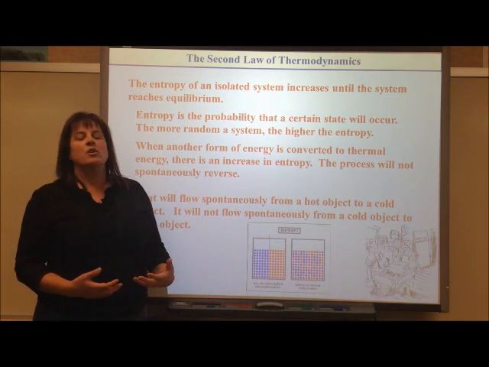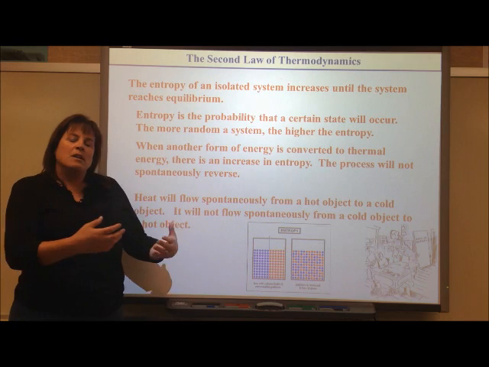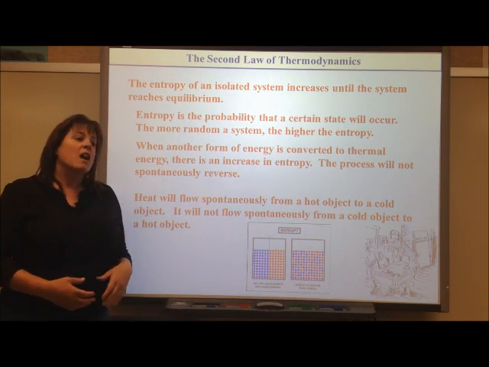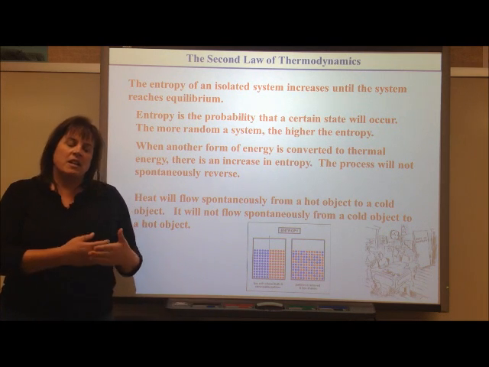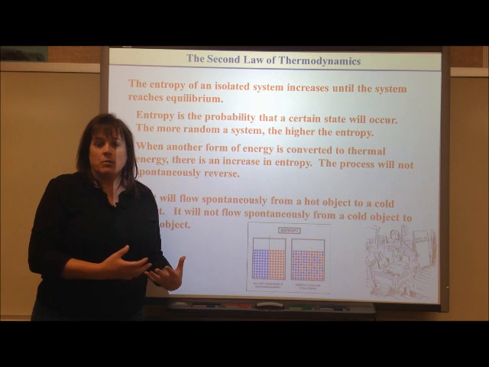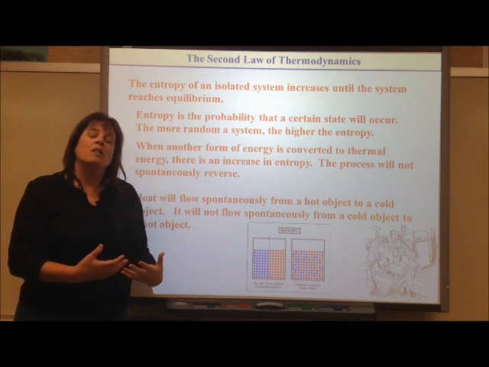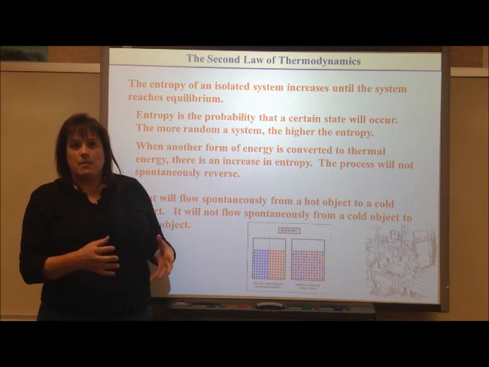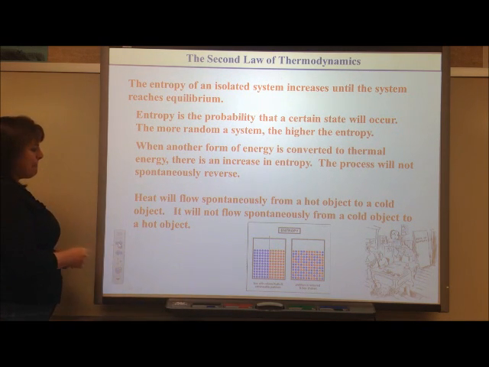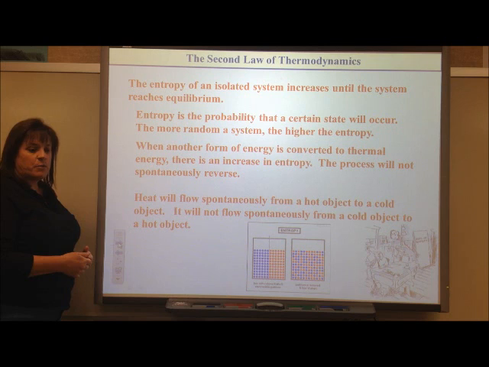So heat always flows from hot to cold because that is a spontaneous process. It's spontaneous for the molecules to move out. As they collide with each other, they transfer energy until they've reached equilibrium. Remember, at thermal equilibrium, all of the molecules have the same average kinetic energy, or the same temperature. So that is the second law of thermodynamics.